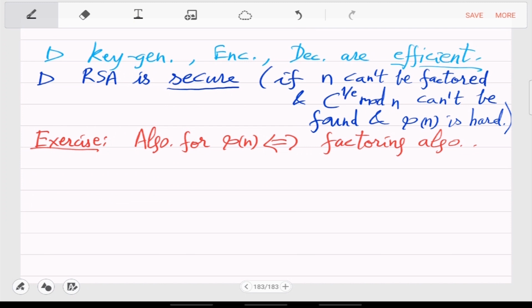There is one more exercise you can try. That if P and Q are very close, which means P minus Q is very small, then n can be factored.